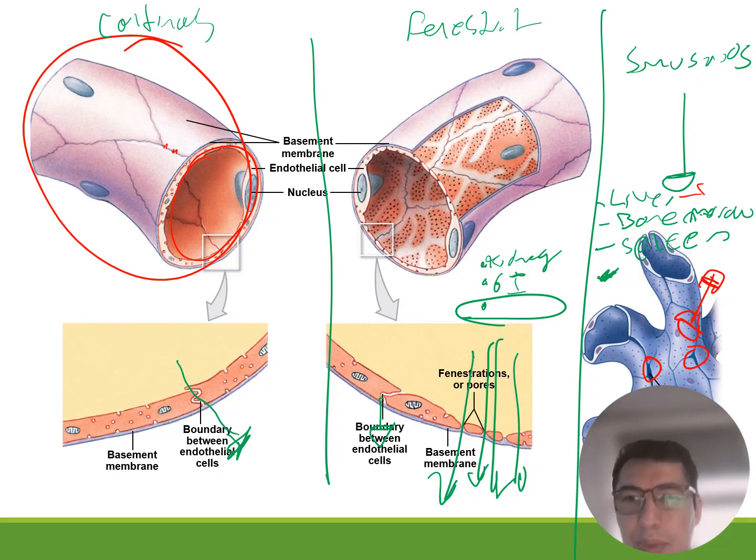The liver is dumping plasma proteins. The bone marrow is allowing the red blood cells in and out of that circulation, and that is how we allow new red blood cells or cells in general to enter circulation. What does the spleen do? How does the spleen utilize the sinusoids? I'll let you complete that one.